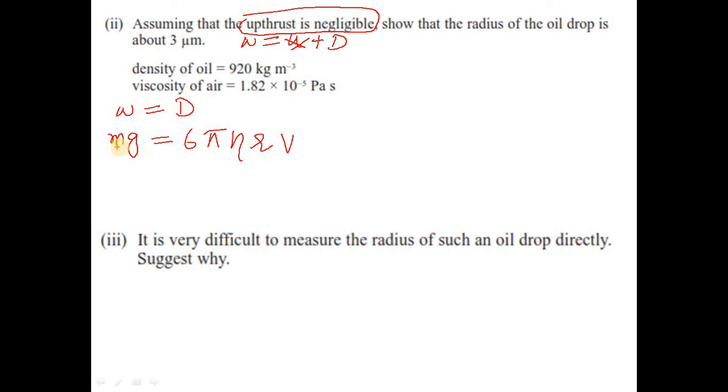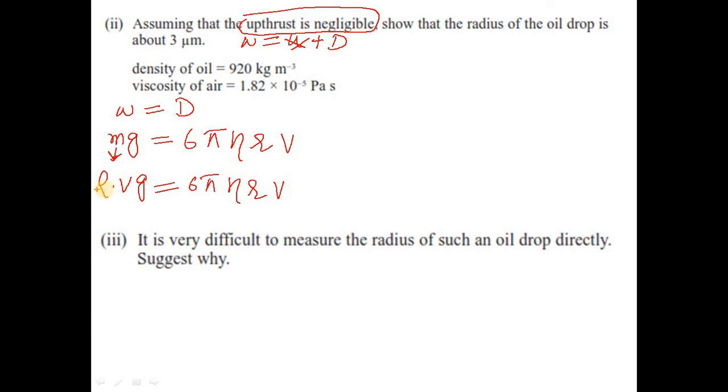But we don't have the mass of the oil drop. This mass can be replaced with rho times V times g is equal to 6 pi eta r v. I'm explaining in detail so you can understand. Remember all the terms.